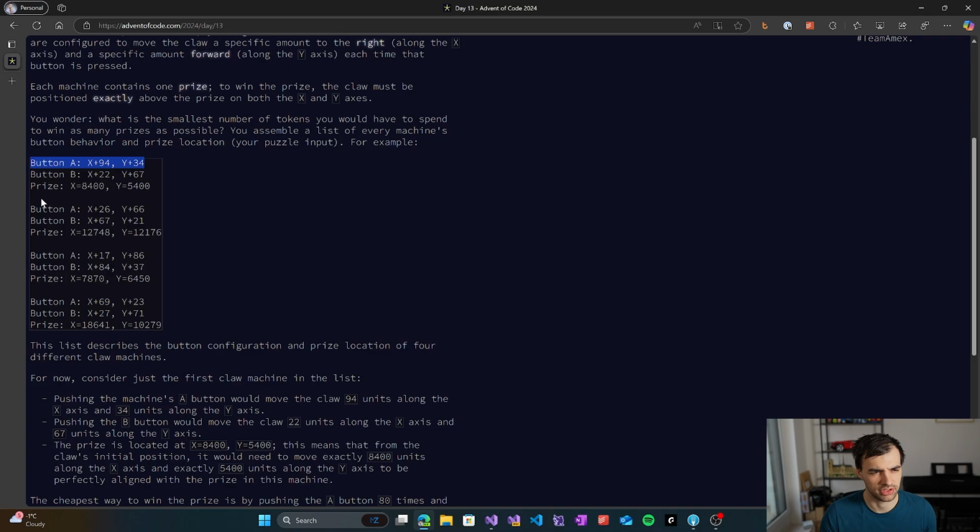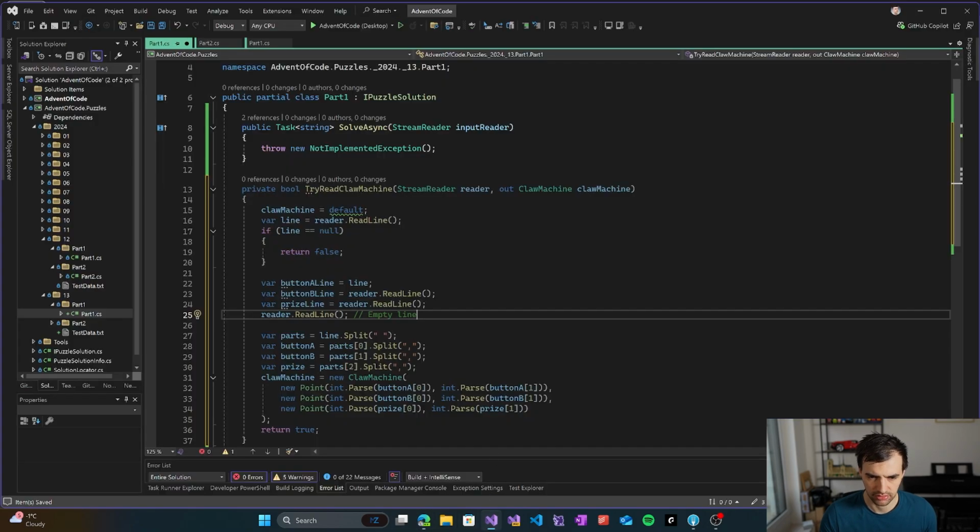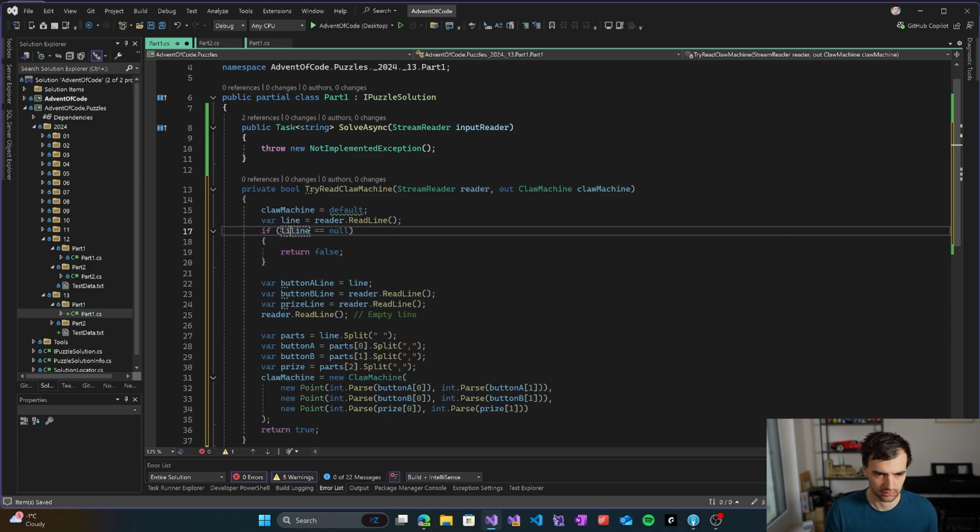Actually, we can read it afterwards. Yeah, there is an empty line after each of those claw machines. So we can do it like this.